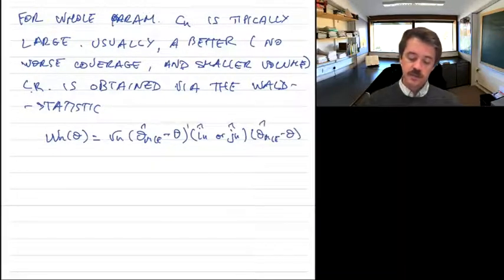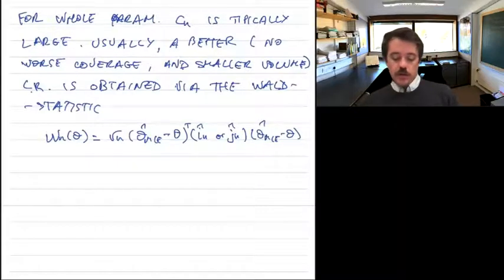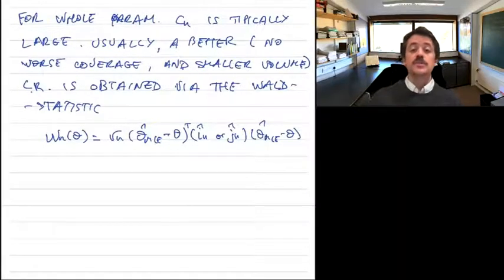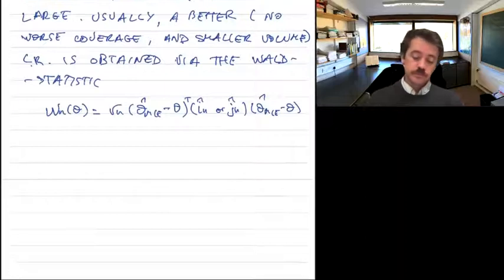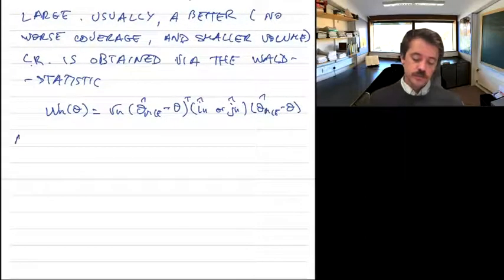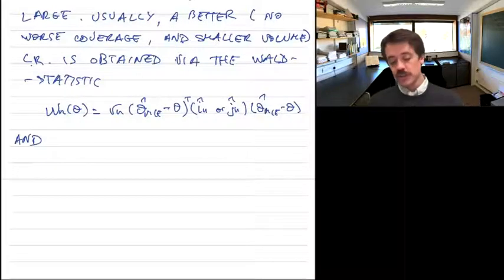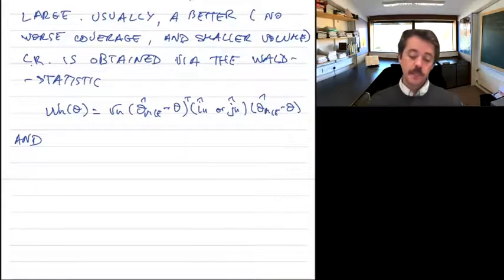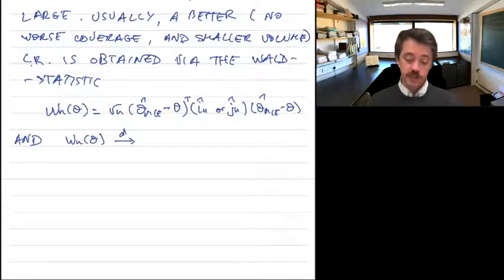And by the way, this needs a transpose. To build inferential procedures, we need to know the asymptotic distribution of this, and it is simply given by the following: in distribution, this is going to converge to a chi-squared distribution on p degrees of freedom.